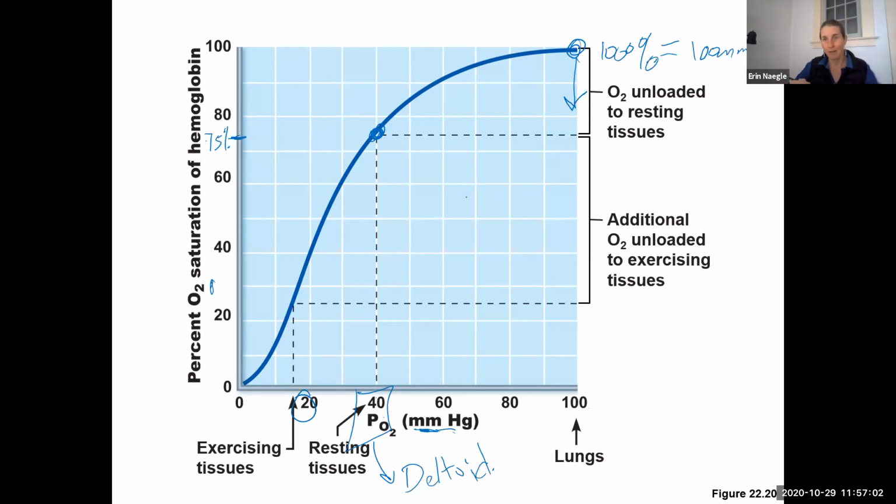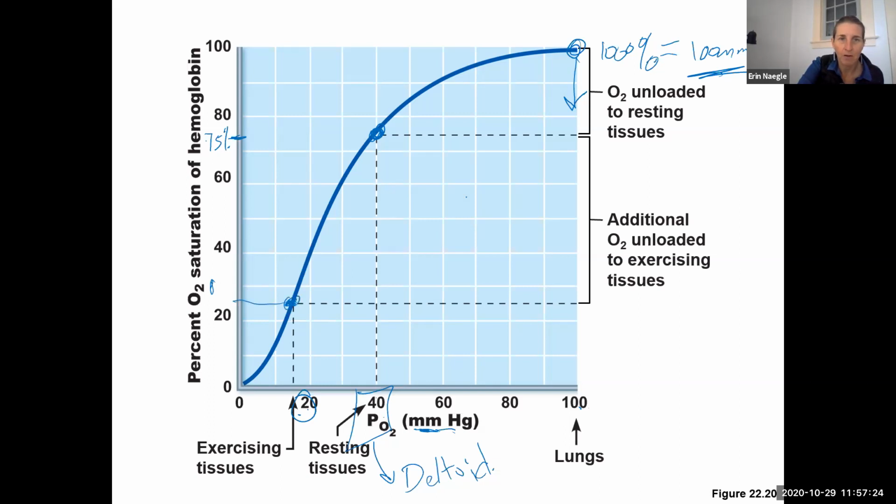Well, now, as that 100%, 100 millimeters of mercury hemoglobin arrives into my capillary beds, well, now I've got a bigger concentration gradient between 100 and 20. So if I look at my graph, what's happening?